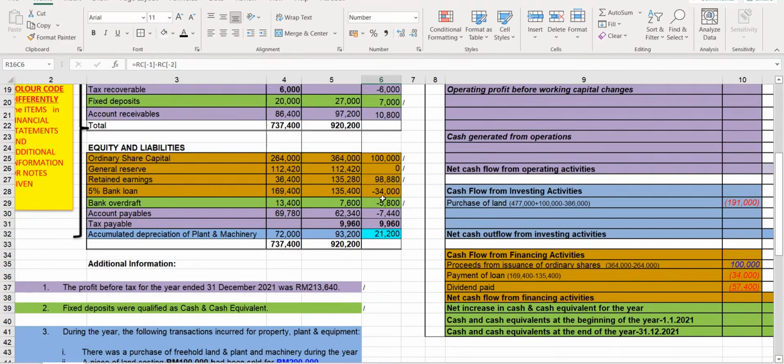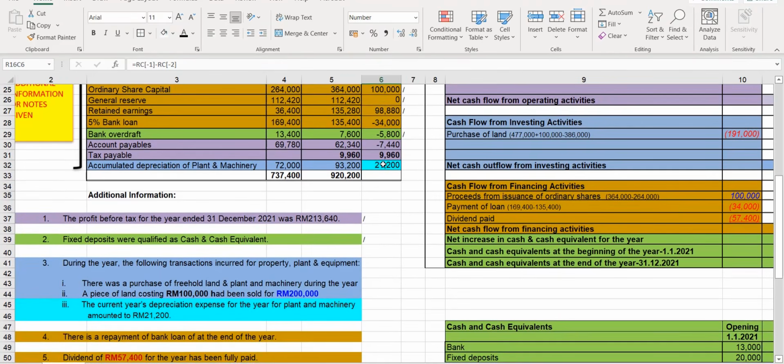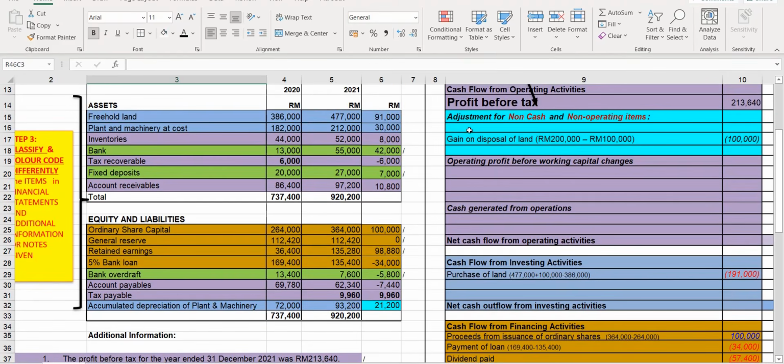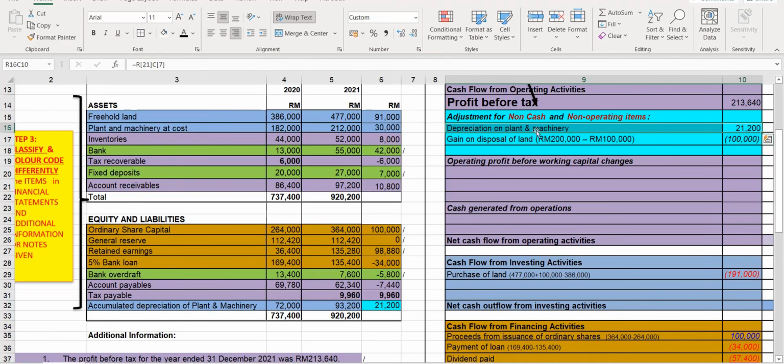So what you are going to see is that this 21,200, in the information here, is the depreciation expense for the current year, and this is actually a non-cash item. You are going to include this 21,200 in your adjustment for non-cash and non-operating items, because this is an adjustment to remove the non-cash effect.